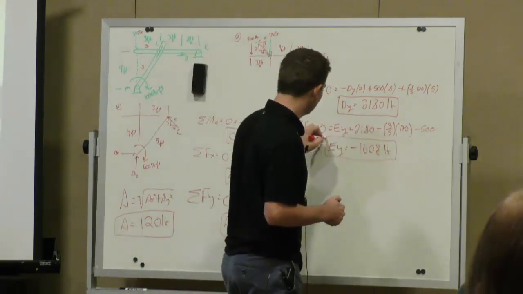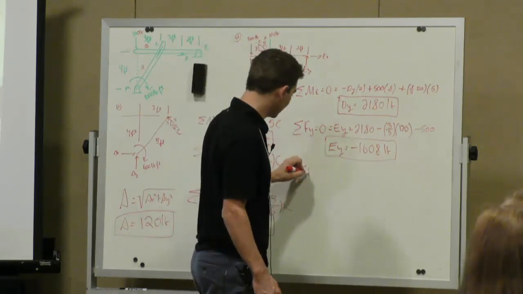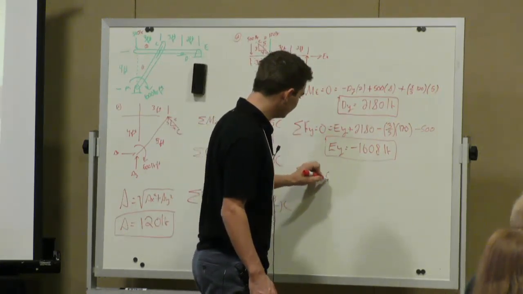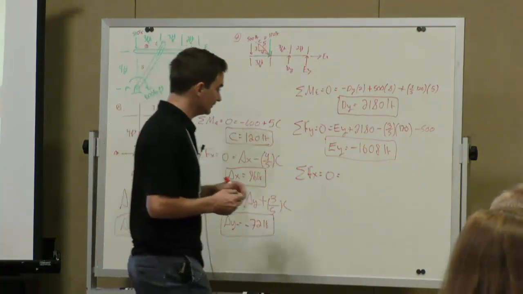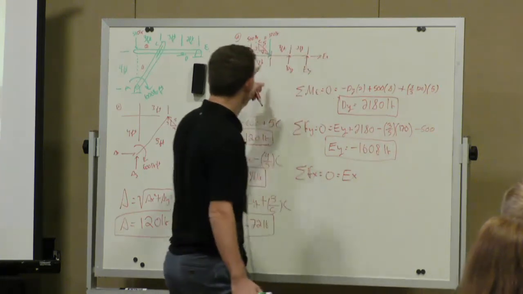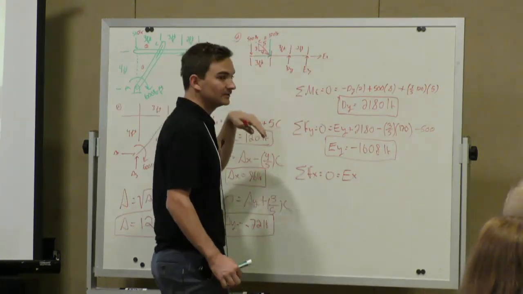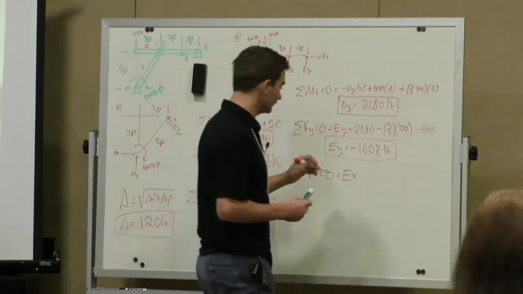All right, and last part, Ex. We sum the forces in the x direction. What forces do we have acting in the x? Does C in the x direction cause a positive or negative force? Positive force, yeah.